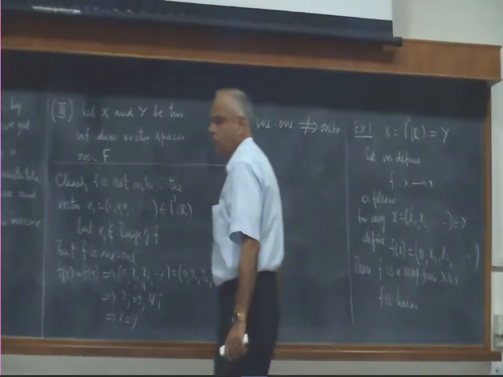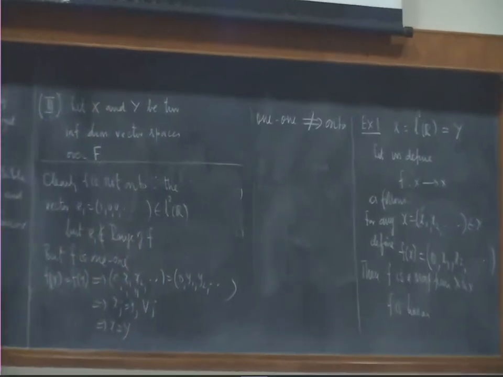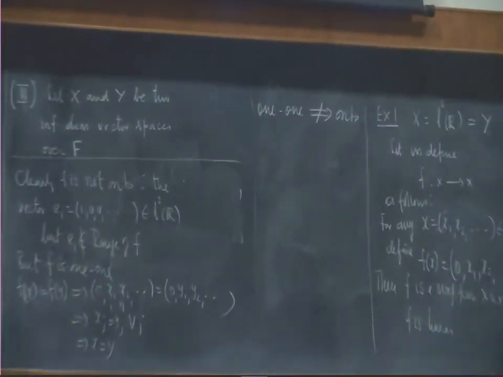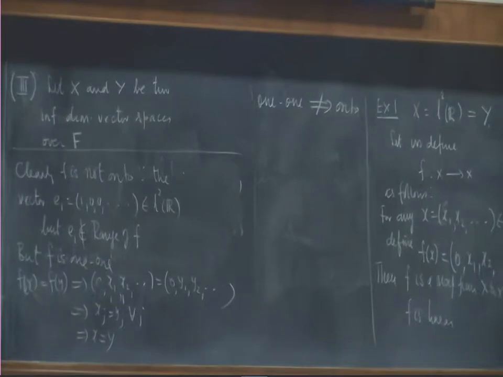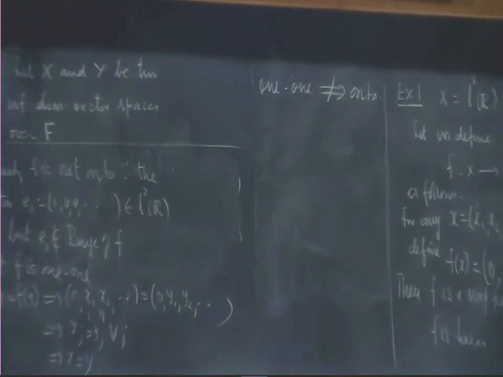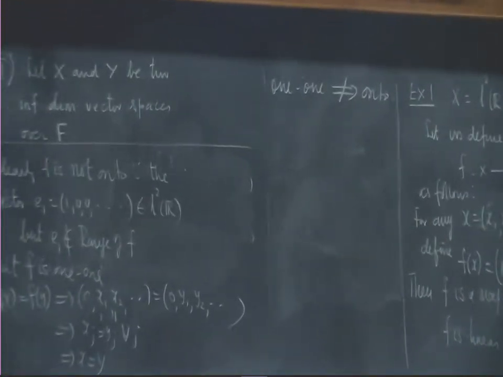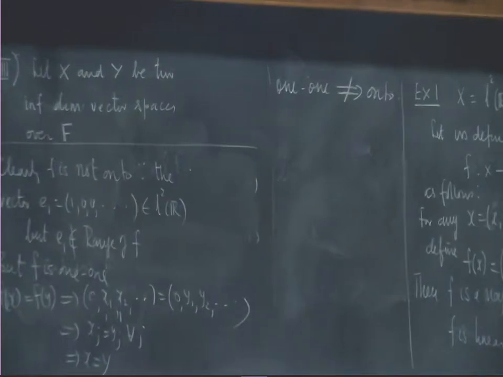In general, it is very rare to get 1-1 imply onto in vector space mappings. That happens only when the two dimensions are the same and they are finite dimensional. In infinite dimensional, it does not work. It works only in finite dimensional, and that too when both have the same dimension.